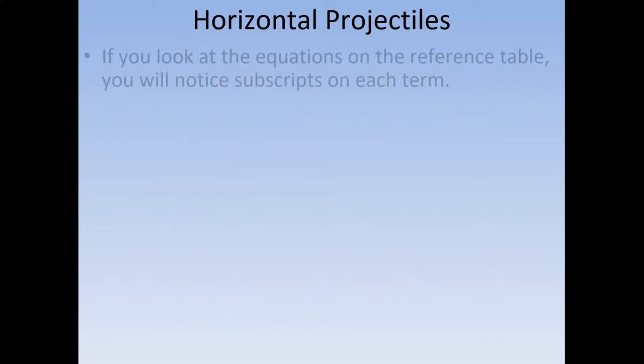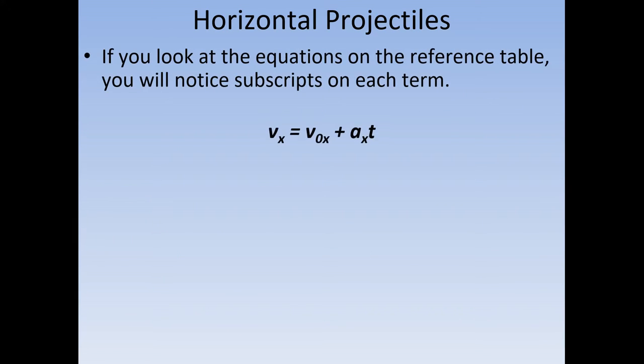Now, one thing to notice is that if you look on the AP reference table, you'll see the equations given like this: v sub x equals v naught x plus a sub x times t. Now, a few things to unpackage. First, the reason they have these subscripts is to constantly remind you that if you're using a horizontal velocity for v x, then you need to make sure that the initial velocity is also horizontal and the acceleration is also horizontal.